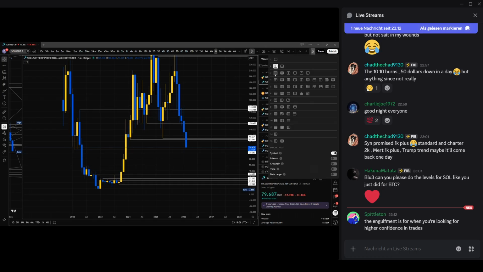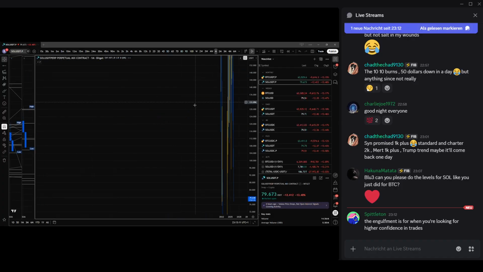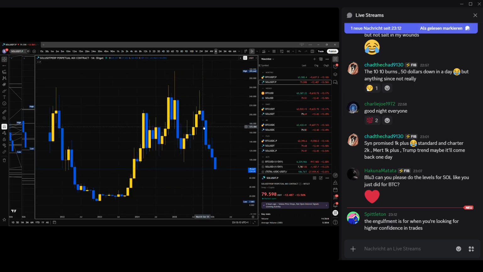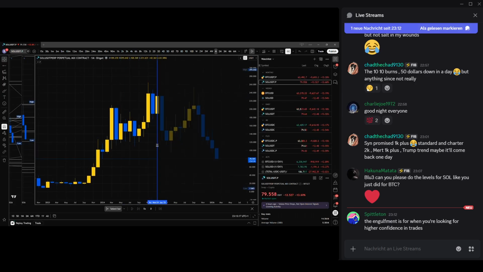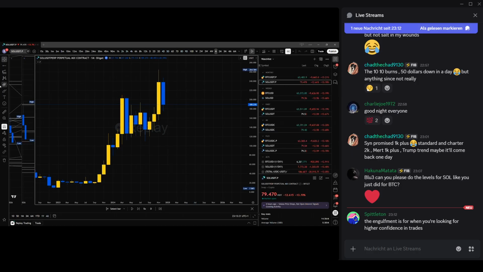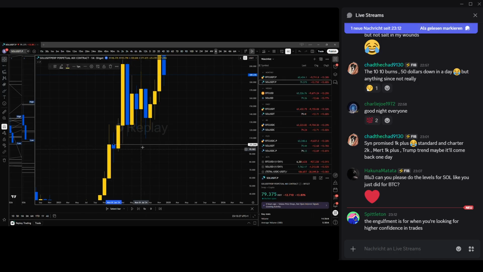So if we go on a new layout to make this specific example easier visible and not so confusing with all the lines, take the replay. Let's say you are here and you have a hold level here because of this distribution candle.